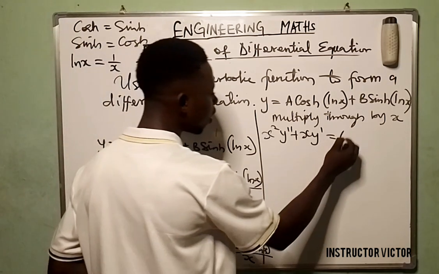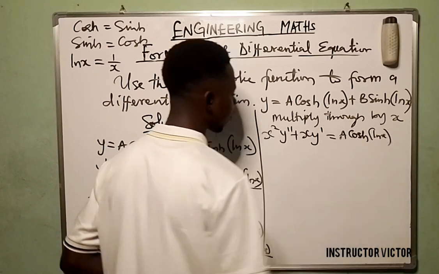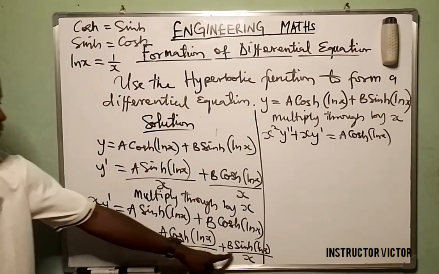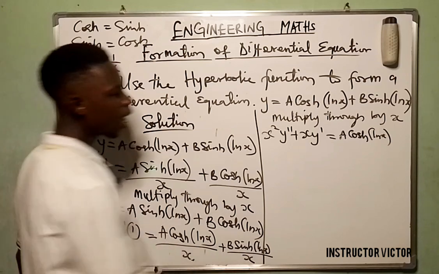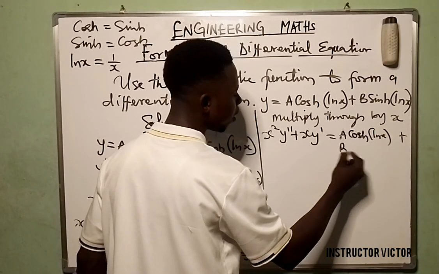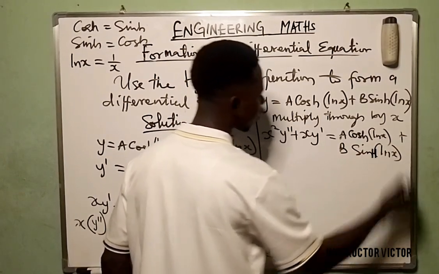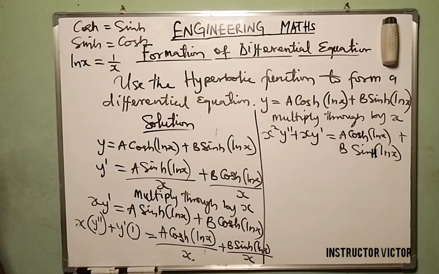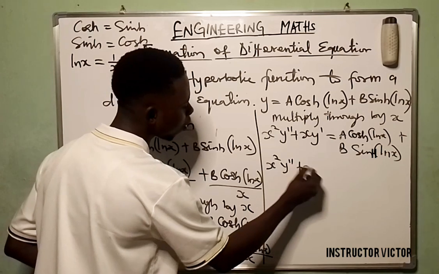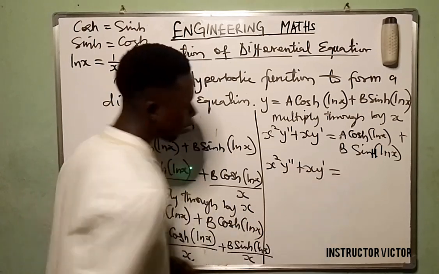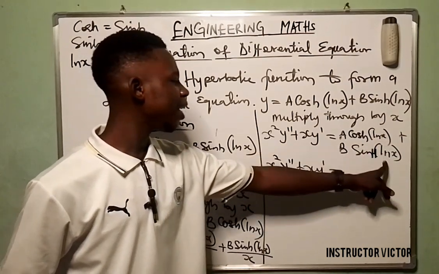You will have a cos ln x. x multiplied by everything that you have here. That x will cancel the x on the denominator. You will now have plus b sin ln x. Now this is where we have reached. Now x square y prime prime plus x y prime, and now we have a cos ln x plus b sin ln x.